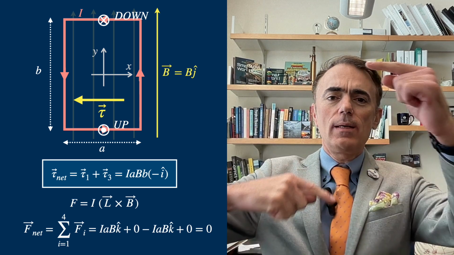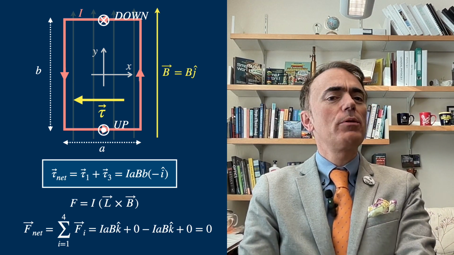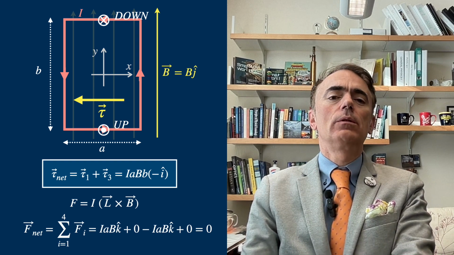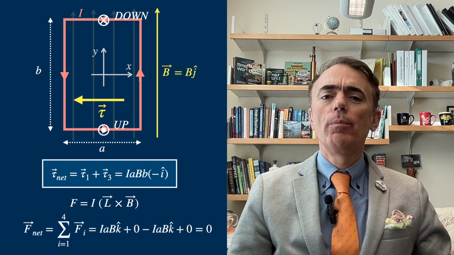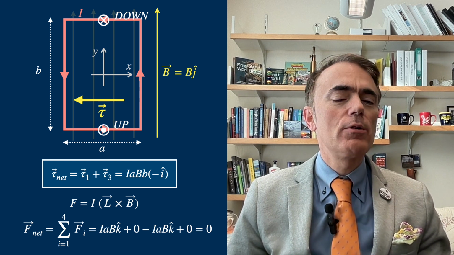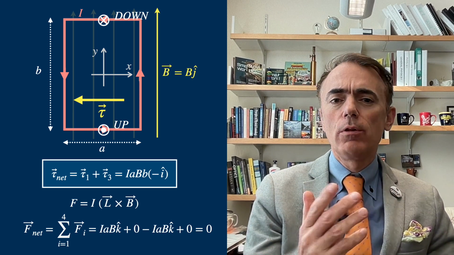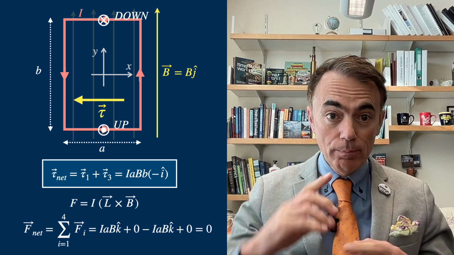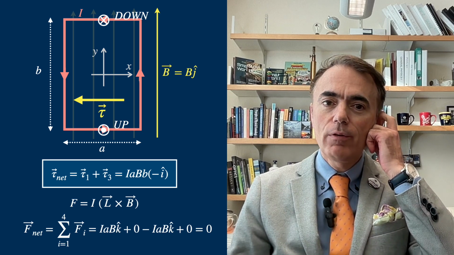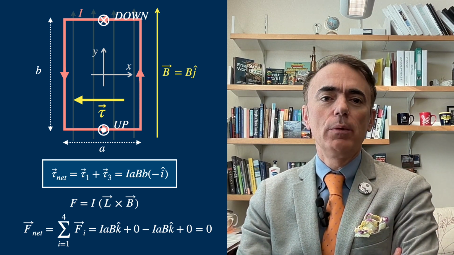This torque rotates the loop, attempting to align it so that the plane of the loop is perpendicular to the magnetic field. So, a current-carrying closed loop in a uniform magnetic field experiences zero net force but may experience a torque. The torque tends to rotate the loop to align it with the magnetic field, with the plane of the loop being perpendicular to the magnetic field B.